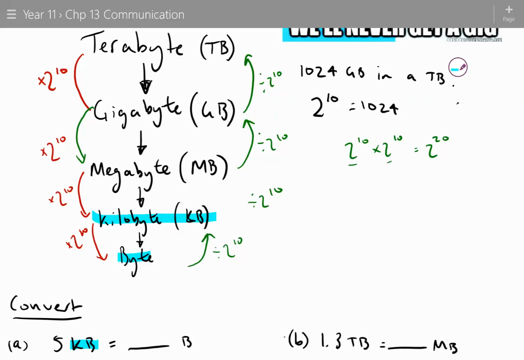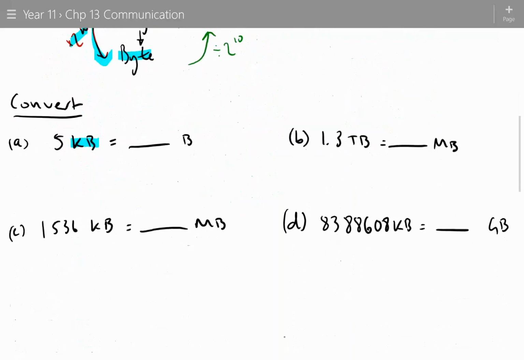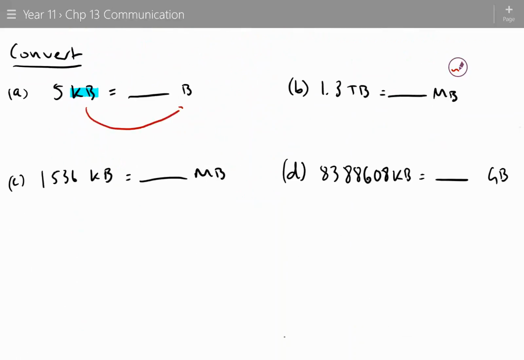How do we get from kilobyte to byte? We have to multiply by 2 to the power of 10. So in your calculator, what is 5 times 2 to the power of 10? We get 5,120. Well done.